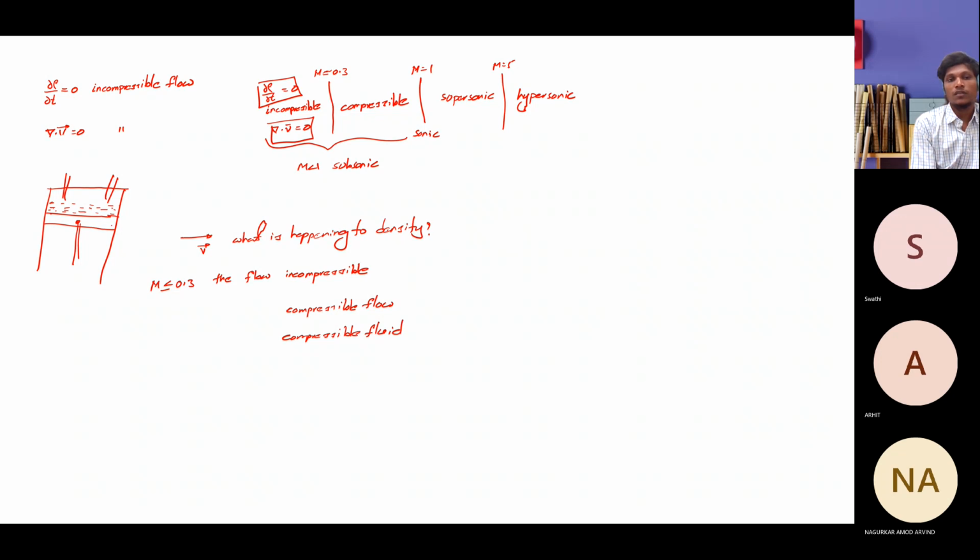When you are compressing a liquid, it is very difficult to compress. When it is an air and fuel mixture, because most of it is air, your volume is decreasing and it is getting compressed, then your density is changing. It is a compressible fluid. It is not a compressible flow.